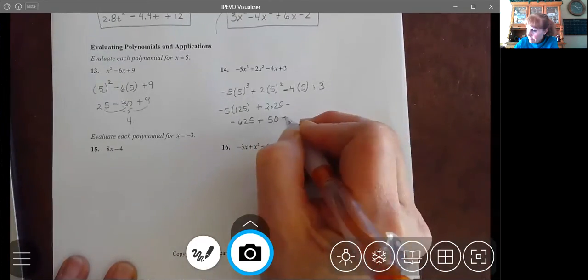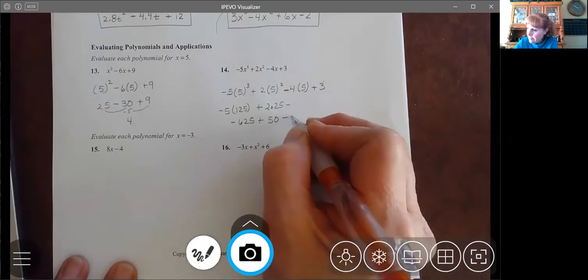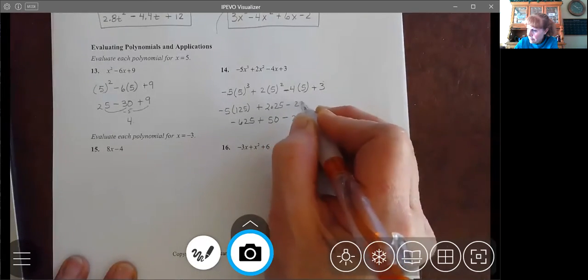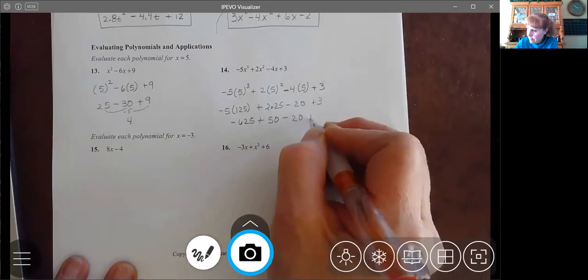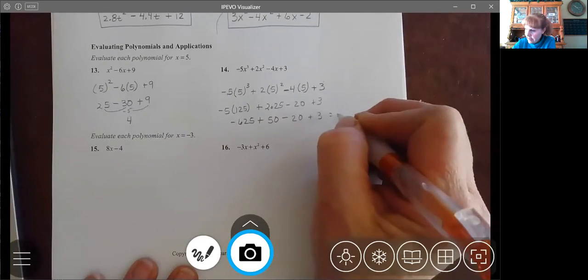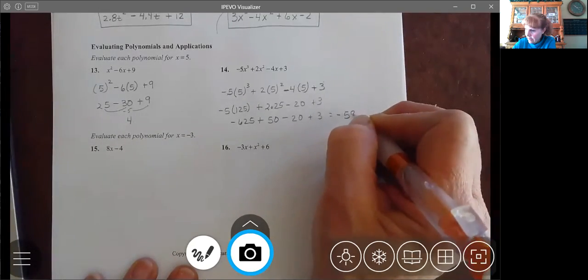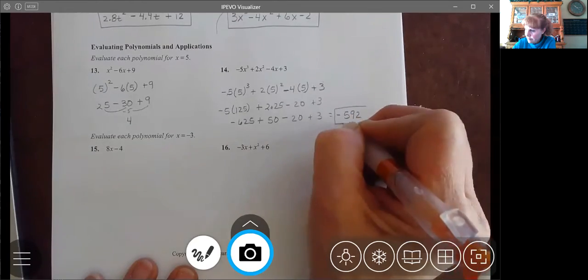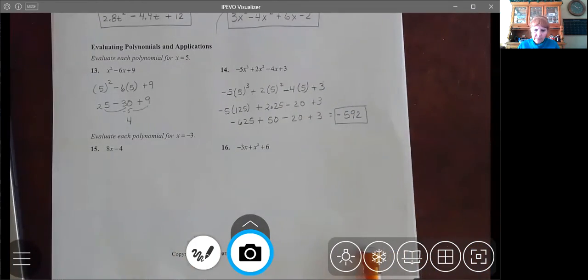Minus 4 times 5 is 20. Plus 3. So we have a -625 plus 50 minus 20 plus 3. Gives us a -592, as long as I punch that into my calculator right, which I think I did.